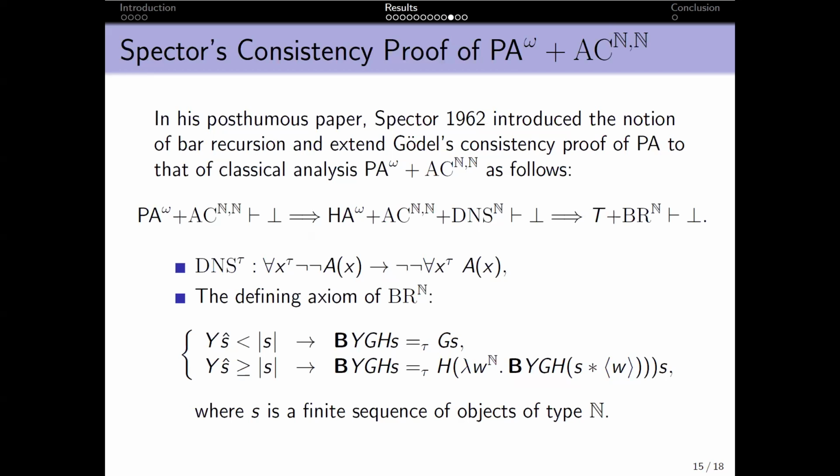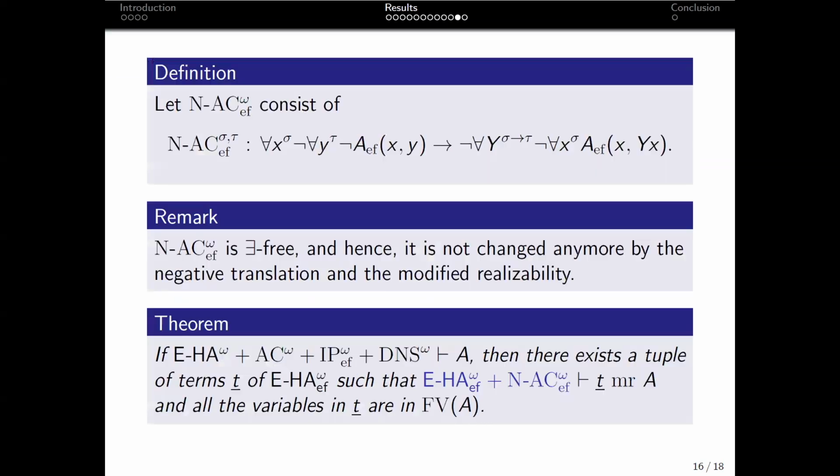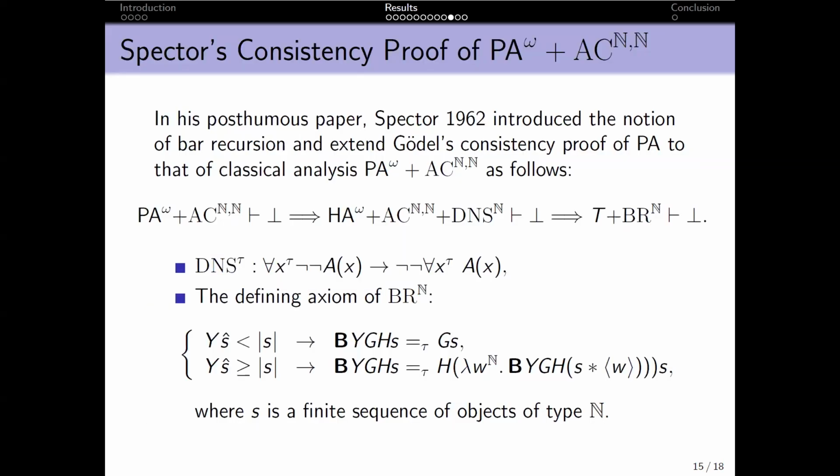Actually, in his posthumous paper, Spector introduced the notion of bar recursion and extended Gödel's consistency proof of PA to that of classical analysis, PA plus AC^{N,N}. Sorry, this is just a functional existence principle from numbers to numbers. And actually, his argument is as follows.